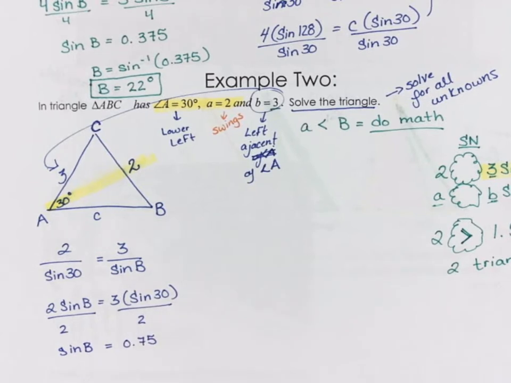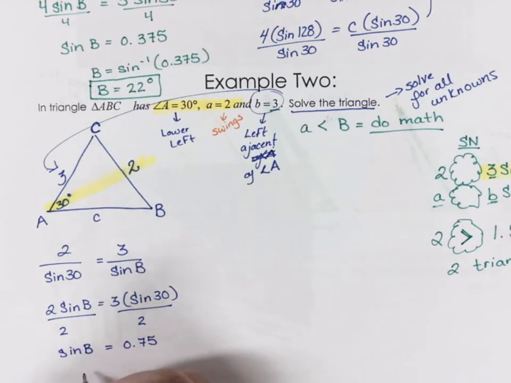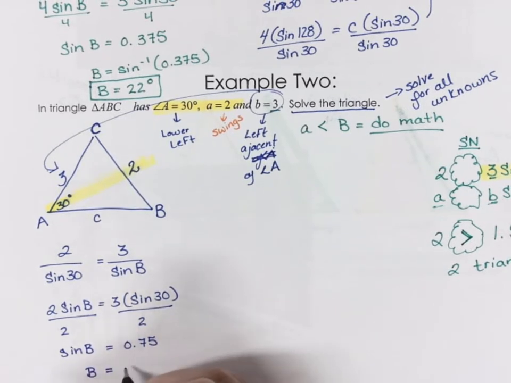Again, a nice terminating decimal. I feel like I've been given a gift. Oh, that is not good. I don't know what I did there. And we're going to round to the nearest whole degree.